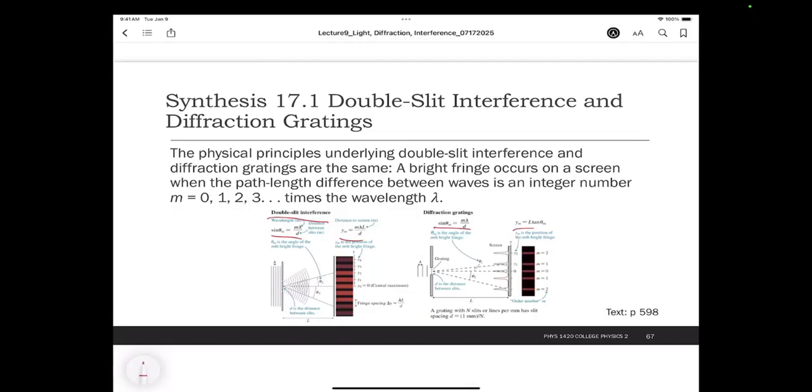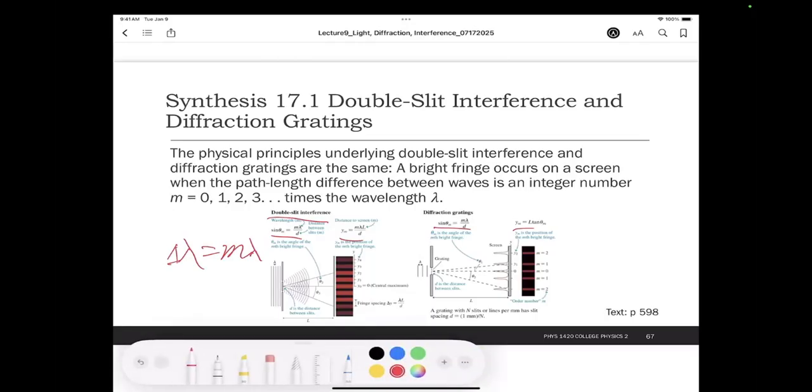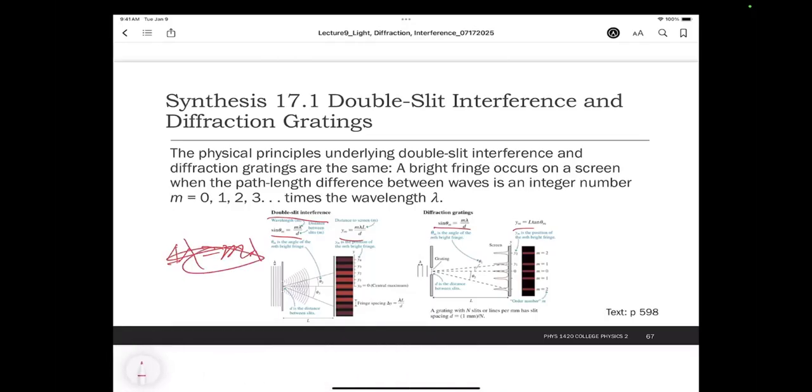It is a similar thing, which means delta equals m lambda. We have already talked about this, and for the double slit interference, sin theta equals this one, and this is the distance to the screen.